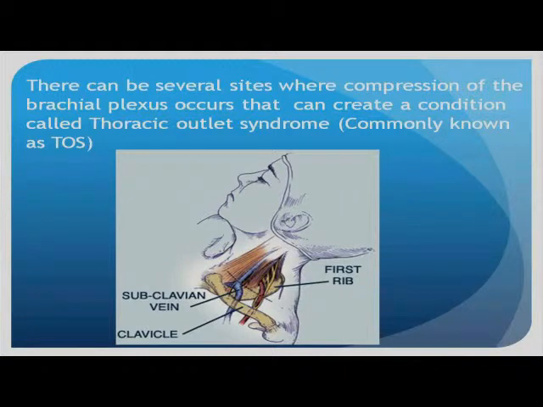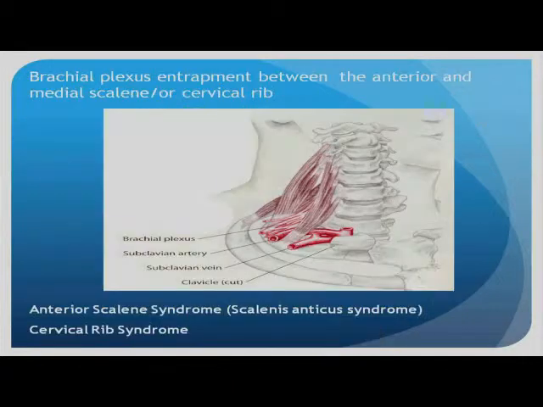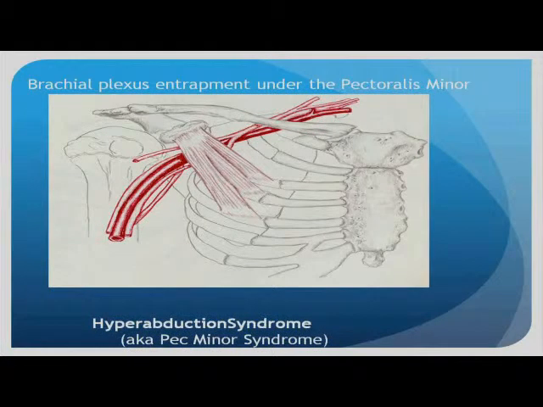And again, several of those areas that we just talked about where there can be neurovascular compromise can all be diagnosed as thoracic outlet syndrome depending on what physician the person sees. So you can get it between the scalenes, also called scalenus anticus syndrome. You can get the pectoralis minor syndrome or hyperabduction syndrome that can reproduce that person's pain if you put stretch on that.